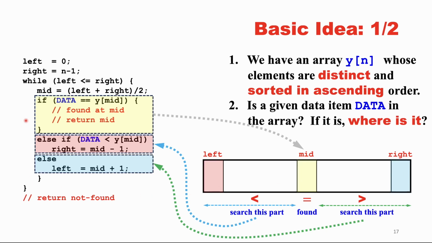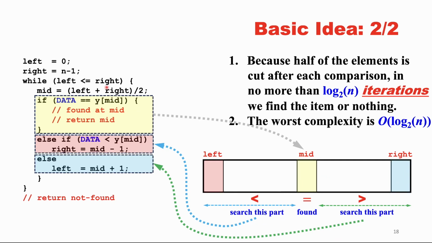And if we finish the whole while statement, nothing can be found in Y. This is binary search. Remember, the array Y is sorted in ascending order and all elements are distinct. If you have identical elements next to each other, you'll have to do something more, which we won't talk about here. You may use it as an exercise.